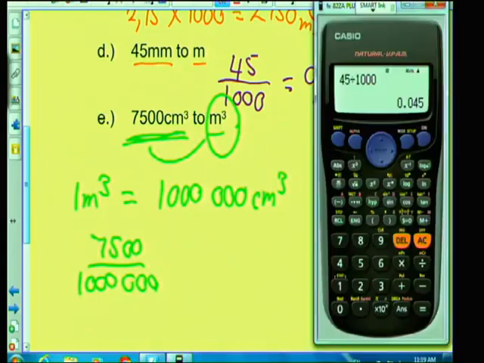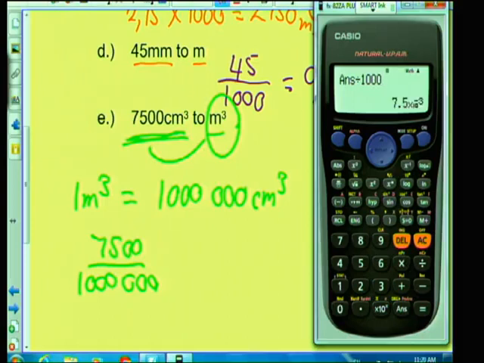Let's do it on the calculator so we get it right. We're going to say 7,500 divided by 1,000. I'm going to do it the long way. Divide by 1,000 first of all, and that's going to give me that answer because it's 7,5, and then I'm going to divide by 1,000 again to get me my million.